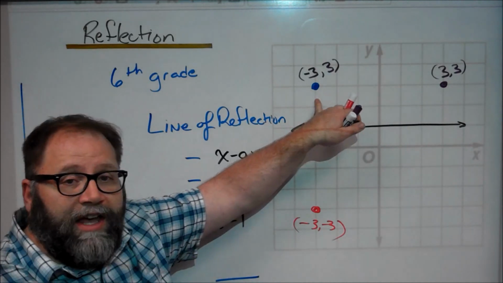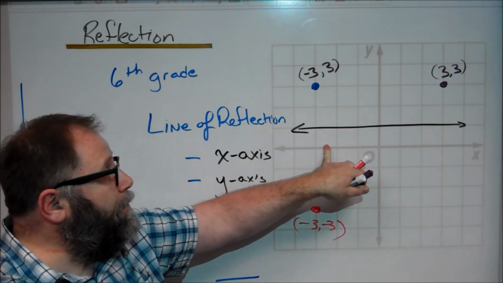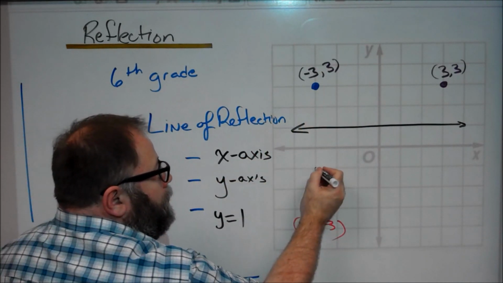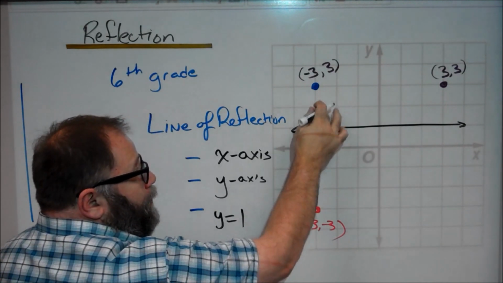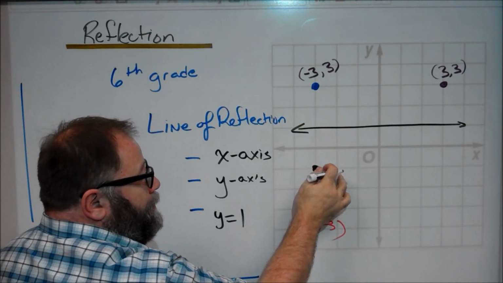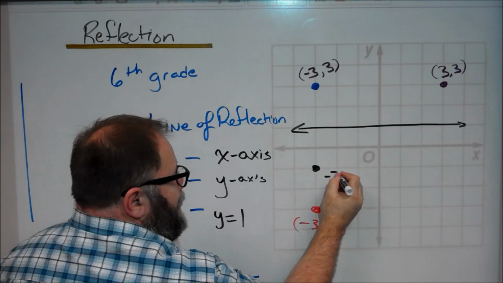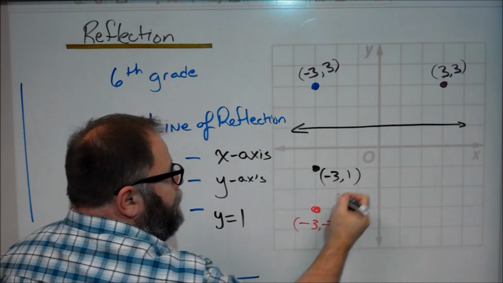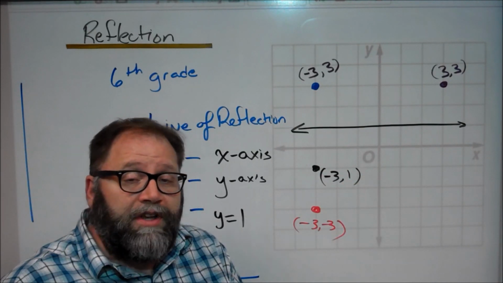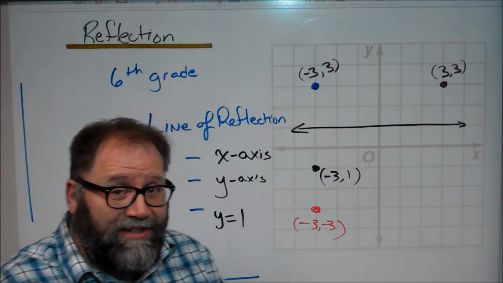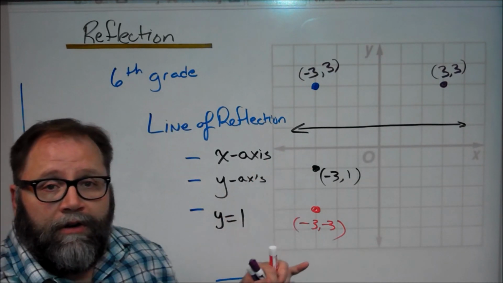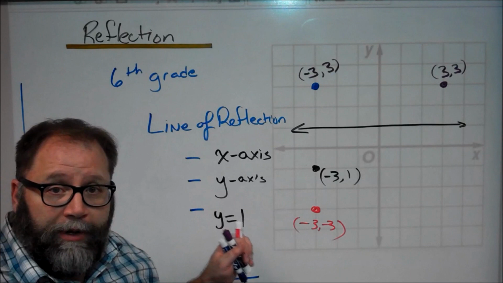The reflection of -3, 3 across y = 1 would be here. 2 above y = 1, 2 below y = 1, so then that is then -3, 1. So reflected across a line of reflection that isn't an axis, but is just any line that could be created.